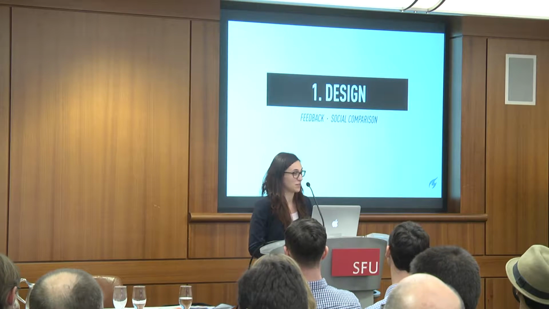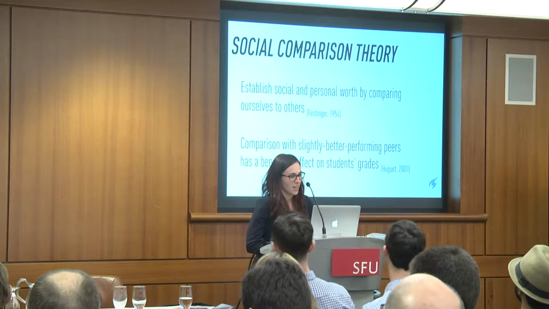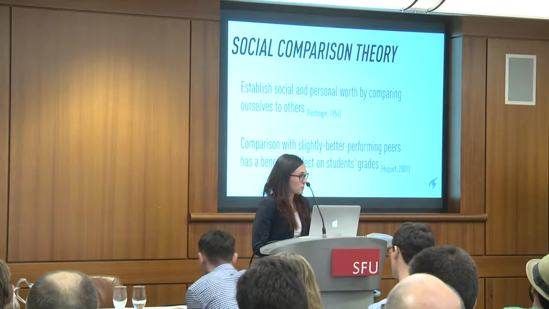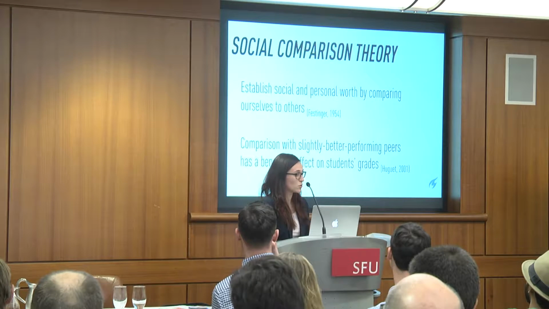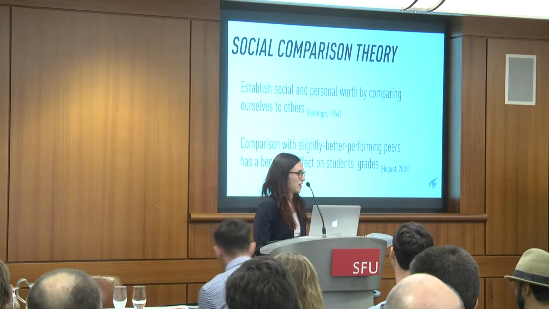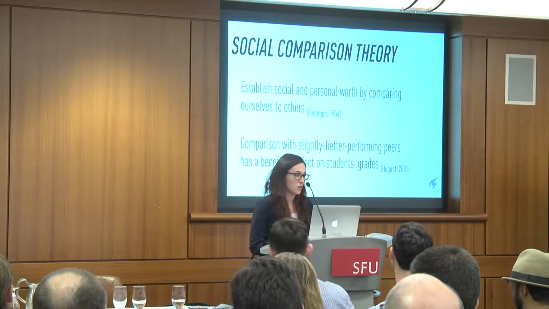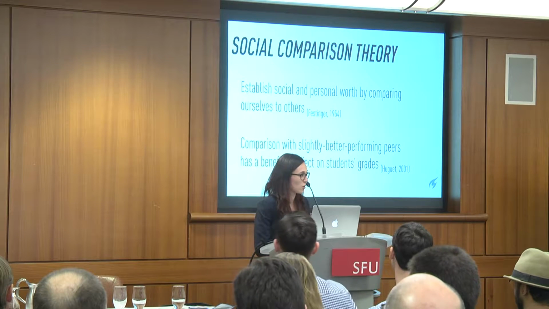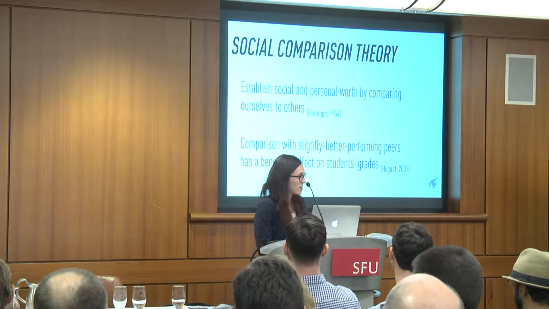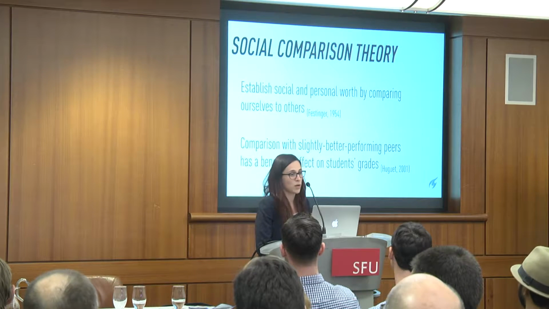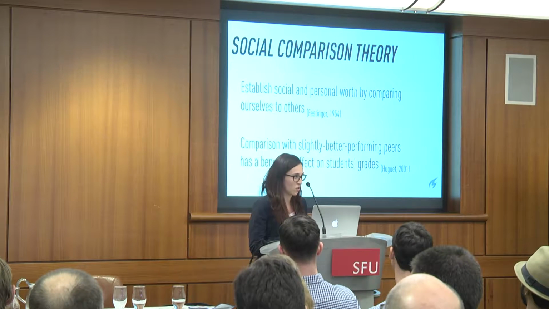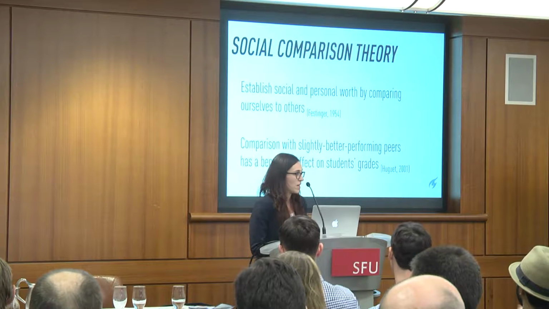of our feedback system. At the base of our feedback system lies social comparison theory, which was developed in the 50s by Festinger, and it actually says that we establish our social or personal worth by comparing ourselves to our peers when we don't have any objective means of evaluating ourselves.